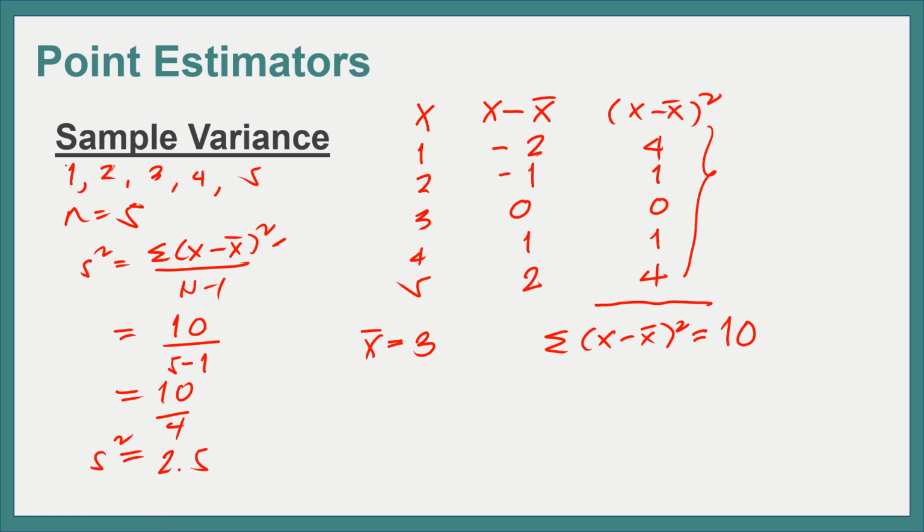So, the variance of this data set is 2.5. So, for example, we have again a 1,000 total population, then coming from a sample where our sample size is 5, so this value is an estimate of the population variance.